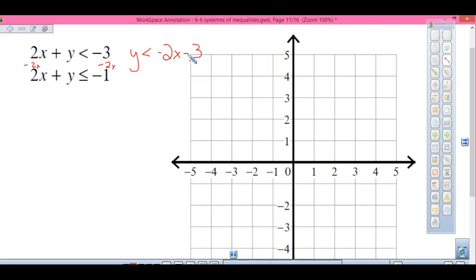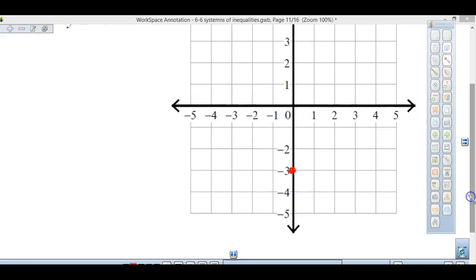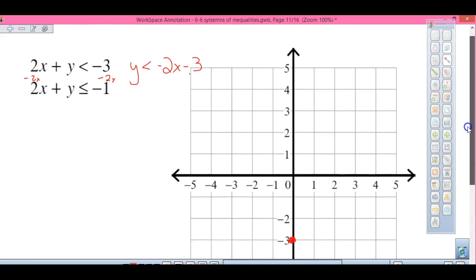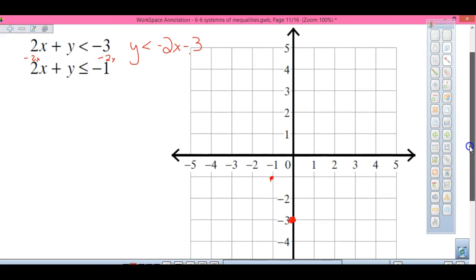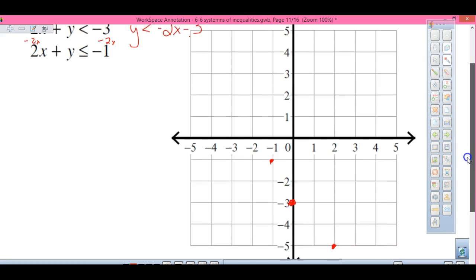Okay, negative 3. So my starting point is negative 3, and I have to go down 2 over 1. I can also go up 2 and to the left 1. Dashed or solid line on that one? Dashed.